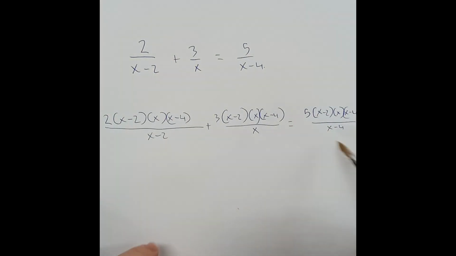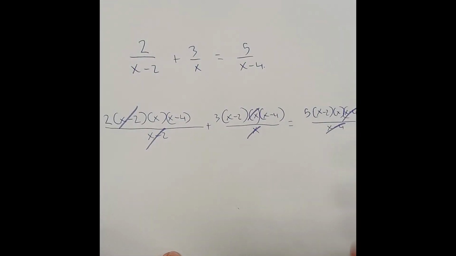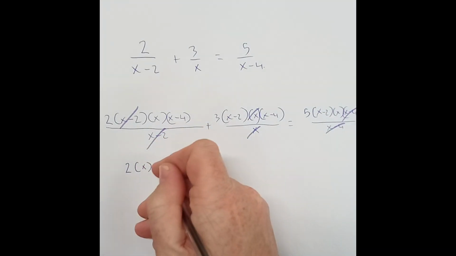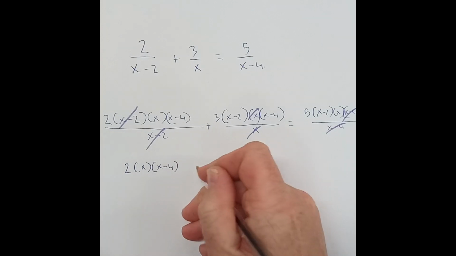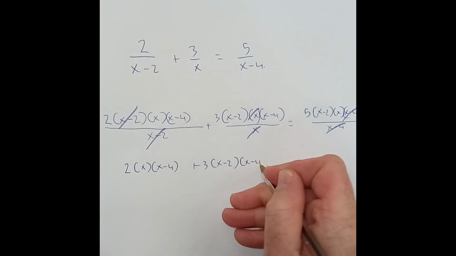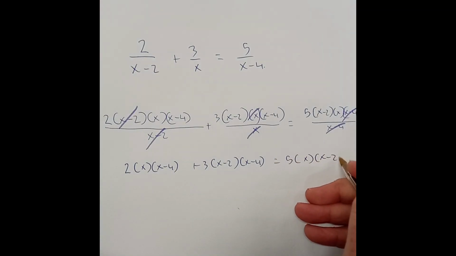So you don't have to do this line, but if you're going to use this trick, what you're really doing is that. And what you're left with then is 2 times x minus 4 plus 3 times x minus 2, equal to 5 times x minus 2.